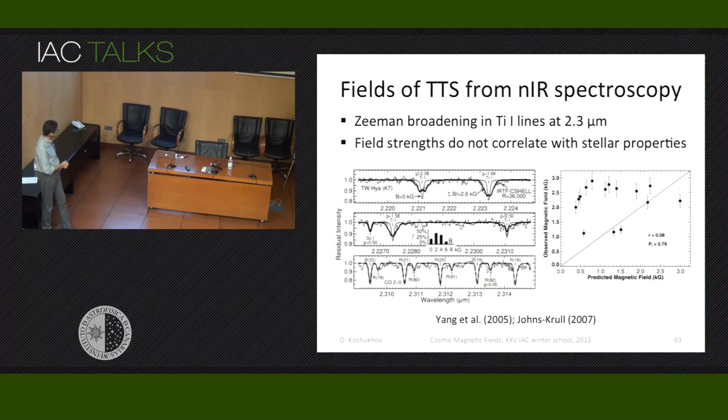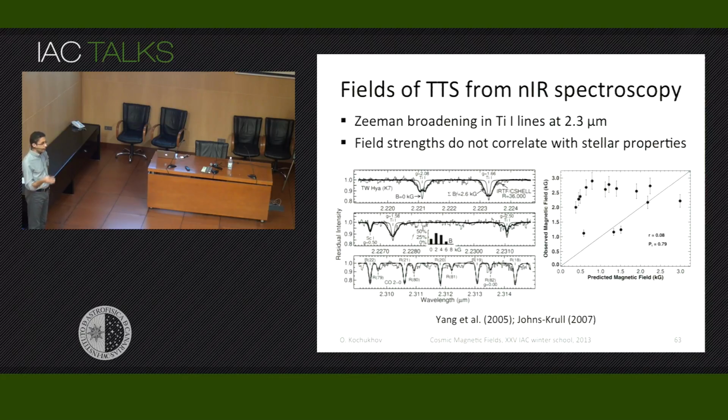And this author, Christopher John Skrull, is the main person doing this kind of work, and he measured a lot of stars. Surprisingly, they have fields of 1, 2, 3 kilogauss that are quite common, but these field strengths have not been found to correlate with any other properties of the stars.